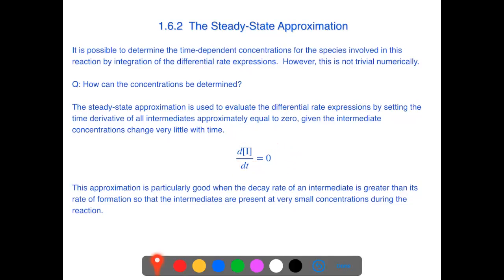We show it equal to 0 in this particular example. This approximation is particularly good when the decay rate of an intermediate is greater than its rate of formation, so that as the intermediates are being formed, they're decaying or transforming into the next species very quickly. And so as a result, those intermediates are only present at very small concentrations during the course of that reaction.